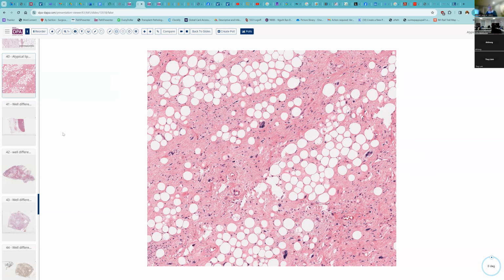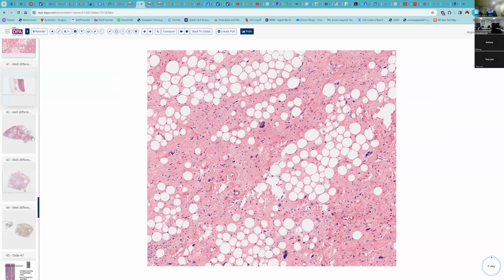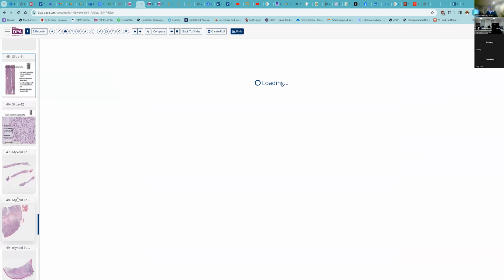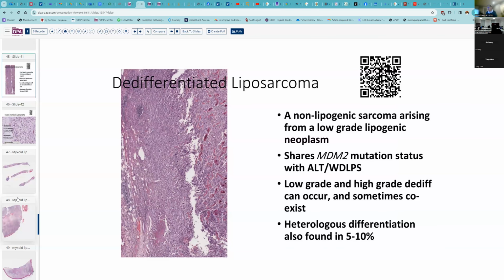So the dedifferentiated lipomatous tumors in the retroperitoneum can be a little bit heterogeneous because of that low-grade, high-grade contrast, and the occasional presence of heterologous differentiation, which can include things like bone, which you see here, cartilage, smooth muscle, we've mentioned, and skeletal muscle, higher grade muscle as well. So all of those are seen in this tumor occasionally.